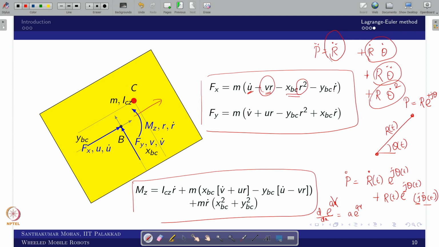Here R dot multiplied with the position is equivalent to what you call the tangential acceleration. These are the components you can cross-check when it comes to the moment. What you call Coriolis and other things, we will rewrite as a gyroscopic effect, which we will discuss later. Right now you can see that we obtained these three equations.